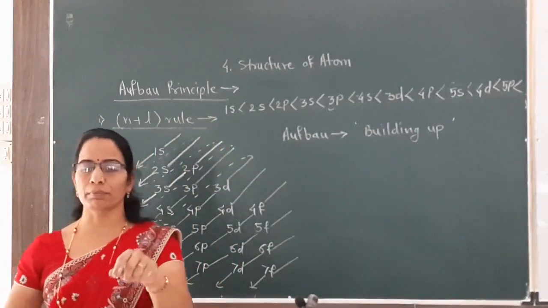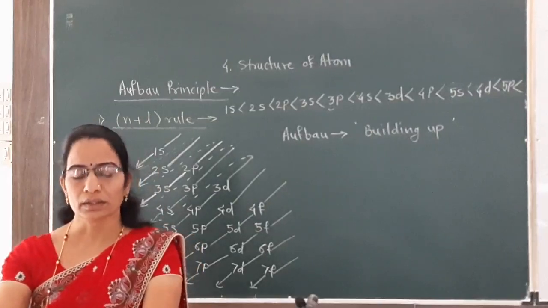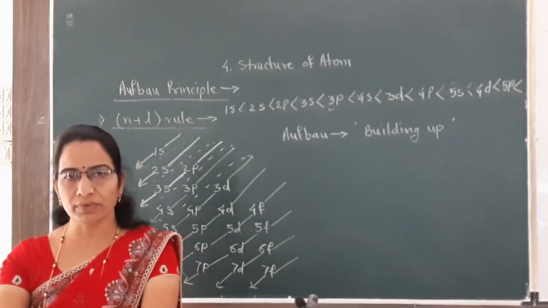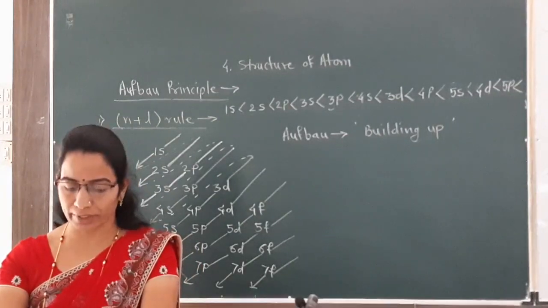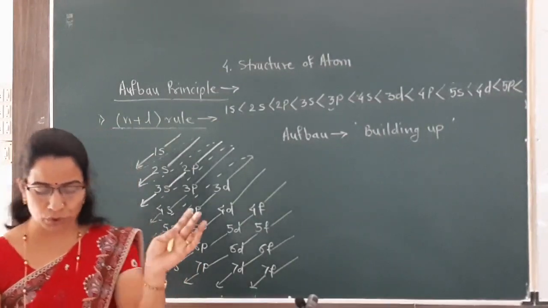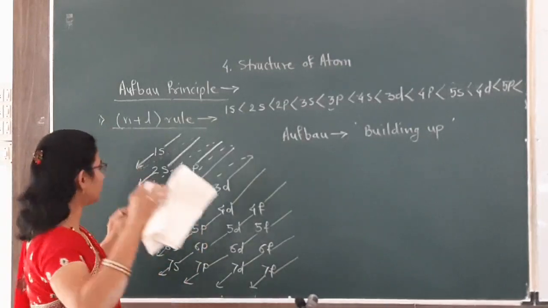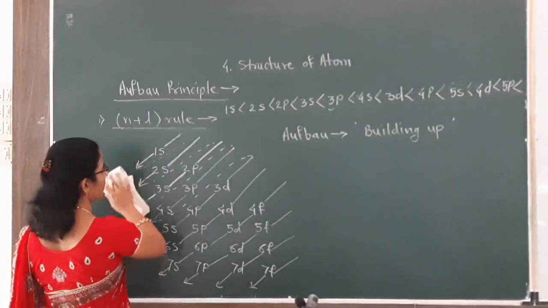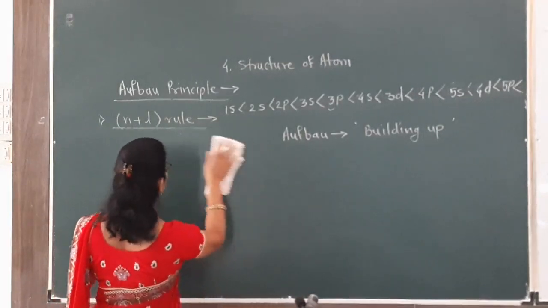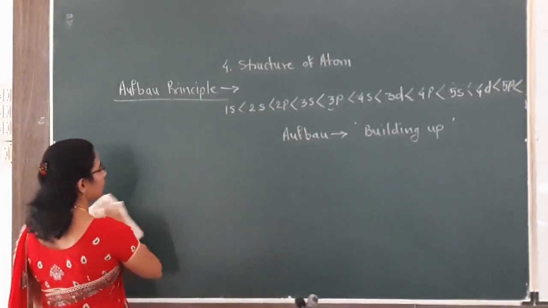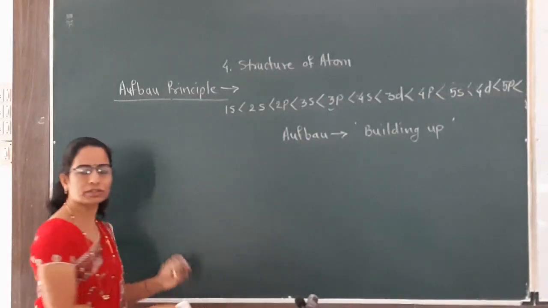Here, the above principle tells us that the orbitals are filled with electrons in the increasing order of their energies. I have shown the increasing order of energies with the help of this diagram. You have to remember this increasing order of energies and remember well the n plus l rule.